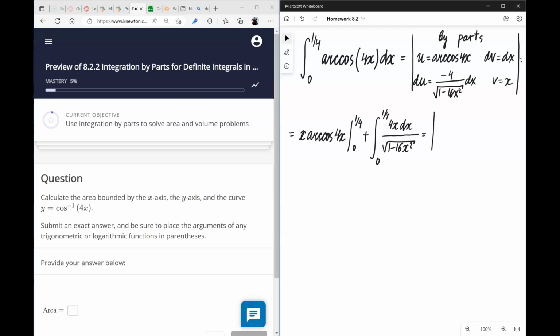Now, we've seen this problem before, so I know it's going to be substitution, and my substitution is t is equal to 1 minus 16x squared. So dt is equal to negative 32x dx.